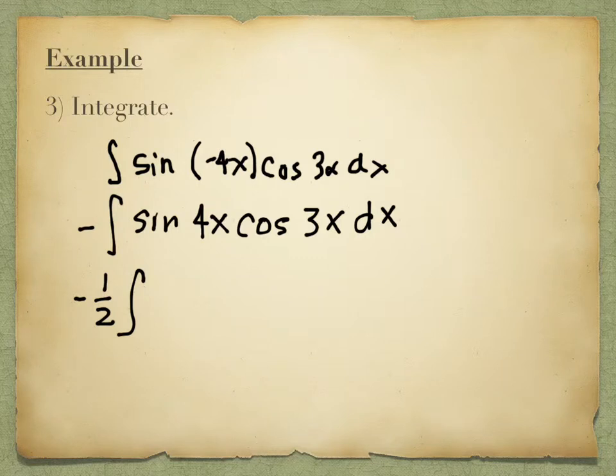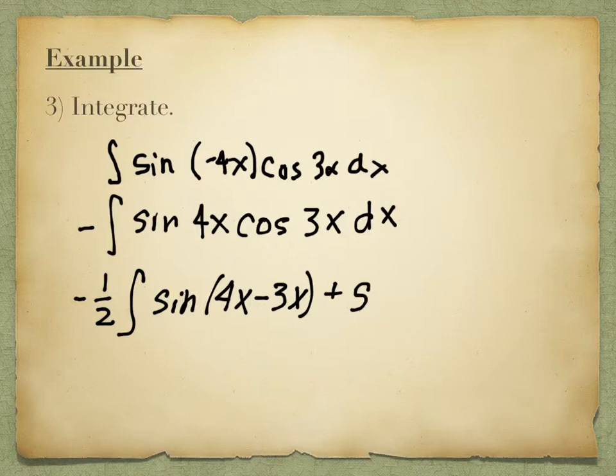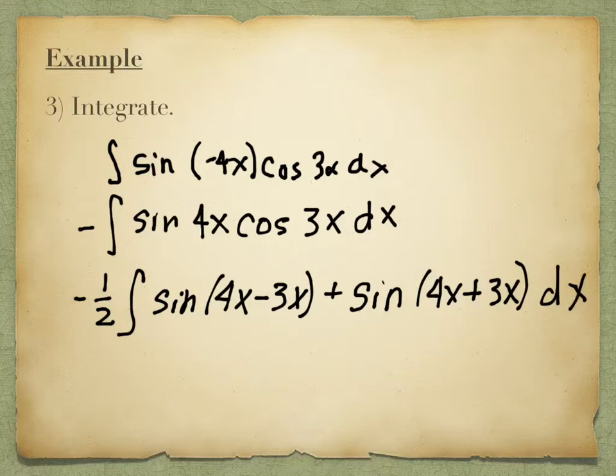It's just part of the quantity that I have. And then it says that I'm supposed to take sine of the first angle, 4x, minus the second angle, 3x. And then I've got a plus, and I've got the sine of the first angle, 4x, plus the second angle, 3x. And all of that is the portion I'm going to take the antiderivative for.